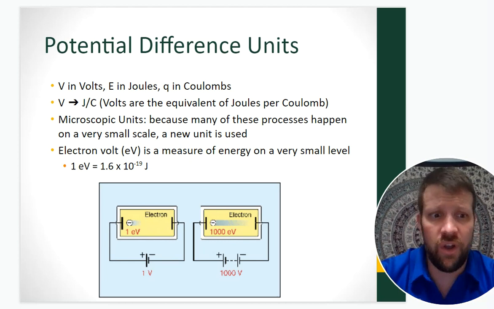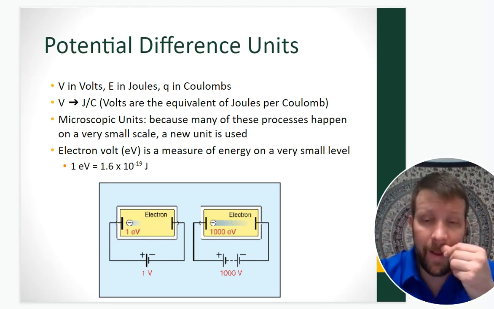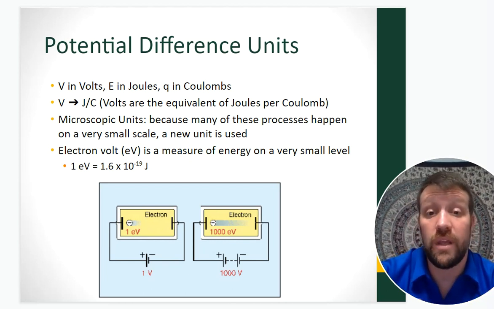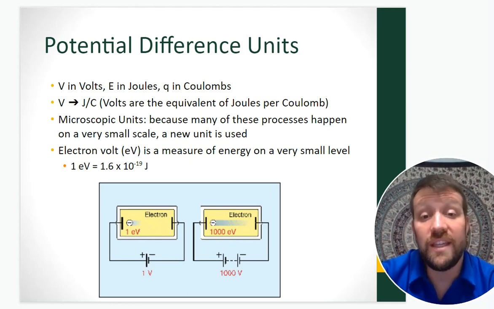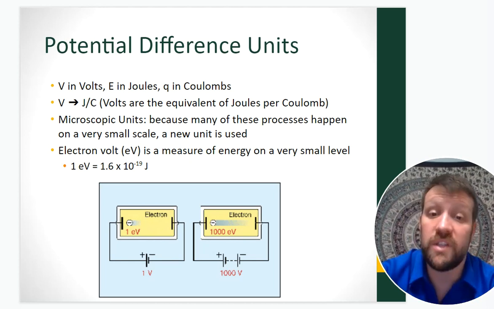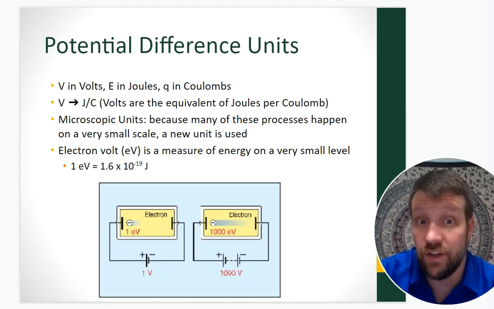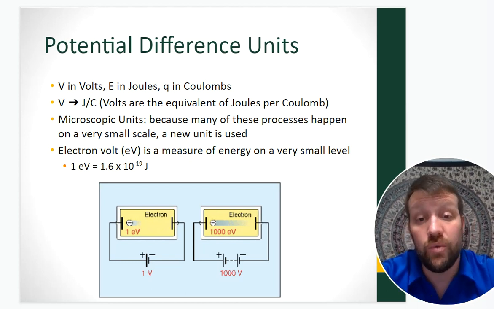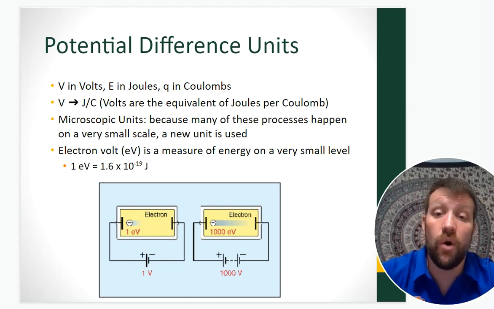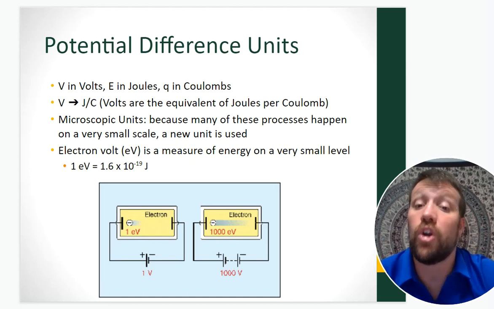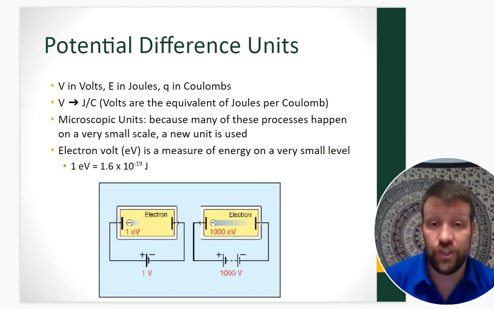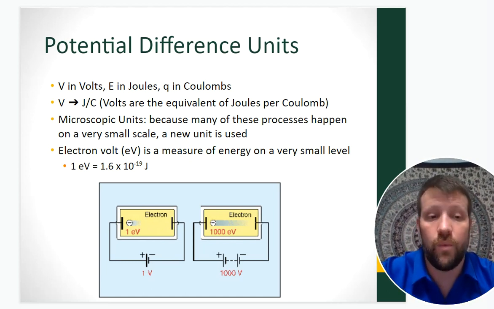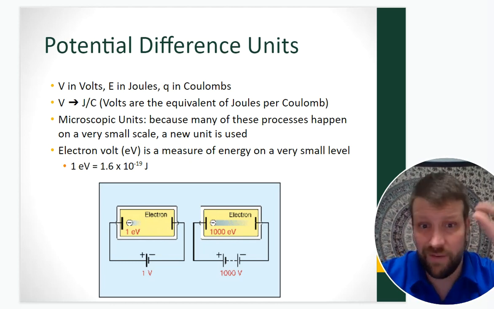Now that I've mentioned all this V, I want to make sure we elaborate on that. V, voltage or potential difference, is measured in volts and is equal to the electric potential energy E in joules divided by Q in coulombs. So we see here that volts are equivalent to joules divided by coulombs. That's based on our standard units, but a lot of what we're going to be using is very, very small.